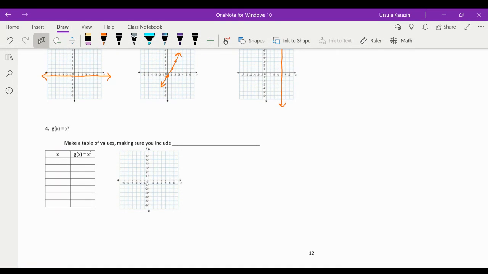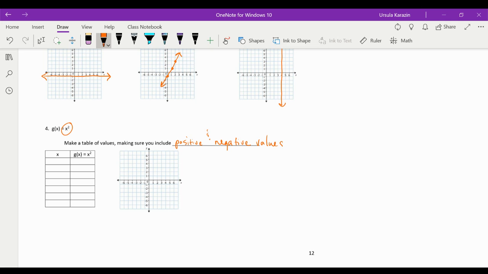All right, now when we get into this one, x squared, notice that's no longer linear because it does not have degree 1. It, remember, is a parabola. And if you can't remember what it looks like, you can make a table of values. Make sure you include positive and negative values. Okay.